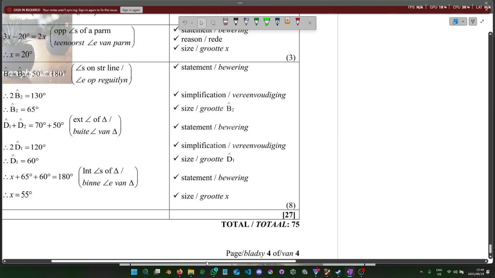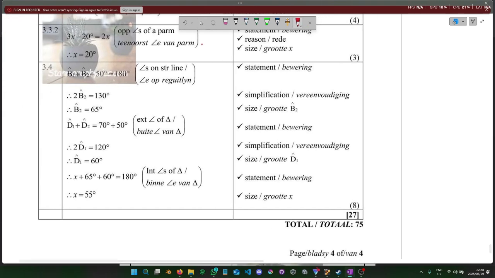It would be a mark for the statement, for the simplification, the size, the other statement, the simplification, the size, statement, and size.